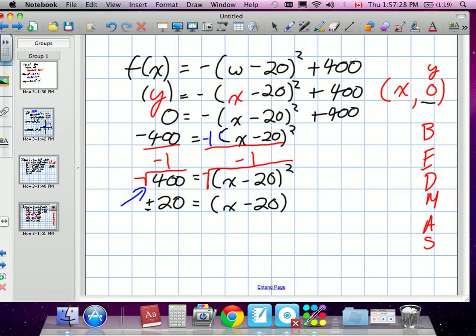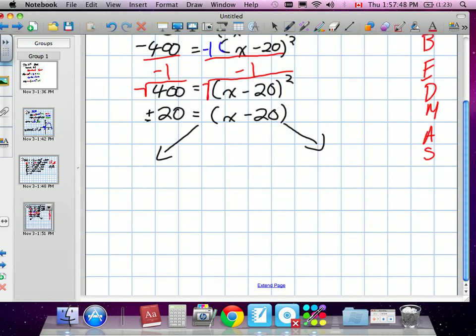So I actually have 2 answers now. When I square root 400, I have positive 20 and negative 20. So from this point, we're now working with 2 equations: positive 20 is equal to x minus 20, and negative 20 is equal to x minus 20.